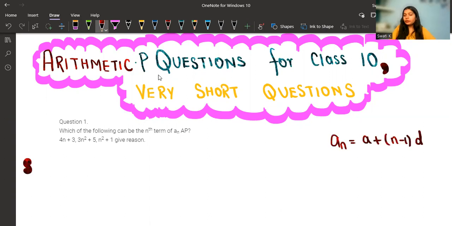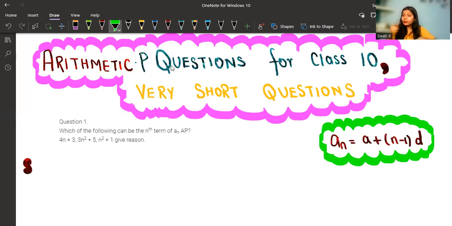This formula we use to find the nth term of an AP, where of course an is the nth term, a is the first term, n is the number of terms, and d is the common difference. Here n is the number of terms, and n cannot be negative. n cannot have some power. n is always linear. It should be a natural number, I can say.